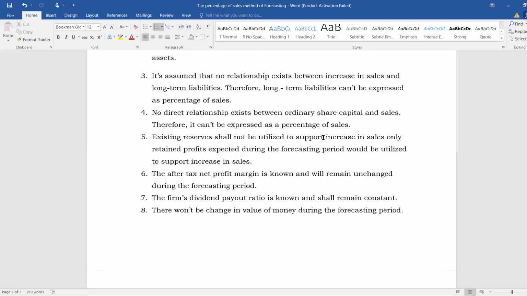Number 4, no direct relationship exists between ordinary share capital and sales. Therefore, ordinary share capital and reserves cannot be expressed as percentage of sales.